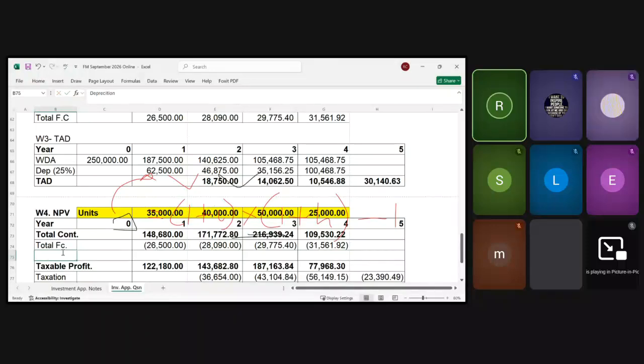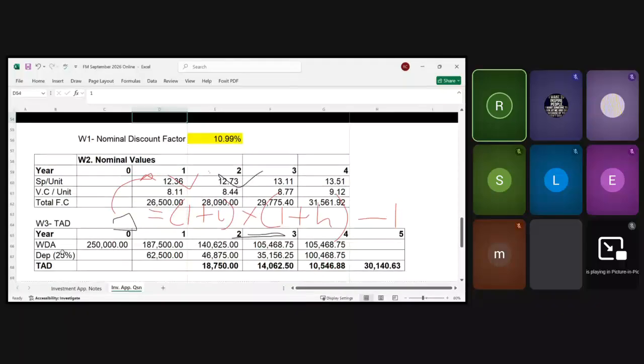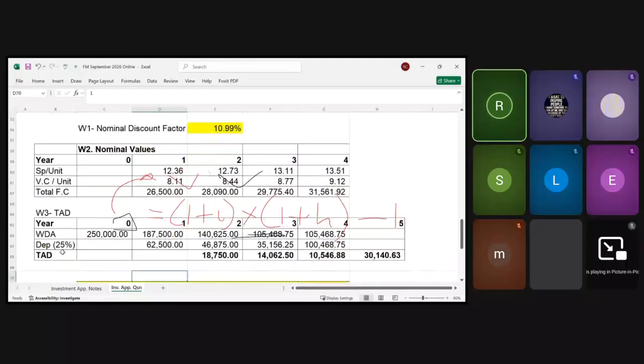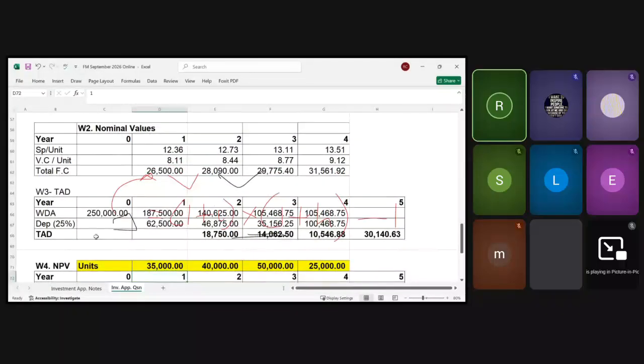I'm going to subtract depreciation, not TID. I'm not going to calculate TID, I just need to calculate my depreciation. I'm going to ignore this line of TAD there. I'm going to input my depreciation amounts for years 1, 2, 3, 4 only.